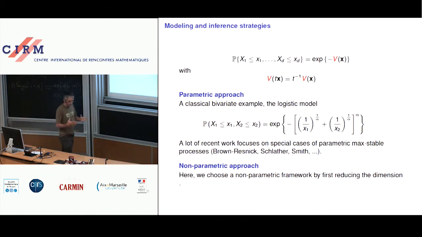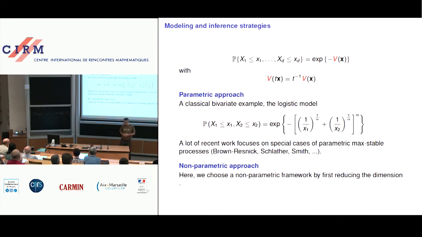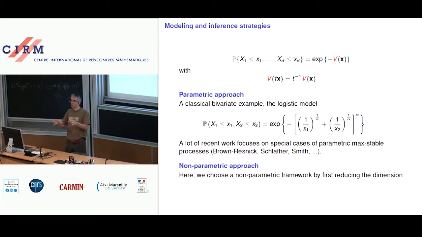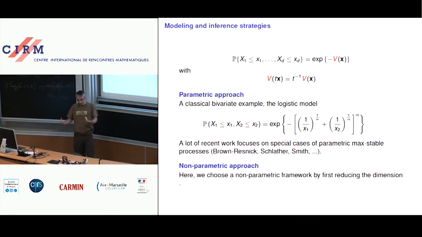Now if you move from the bivariate to the multivariate case, or infinite-dimensional processes, you have different approaches. One approach, in terms of statistics, is to impose a parametric form for the V function. If you look at work by people who work on max-stable processes, like the Brown-Resnick process, the Schlather process, the Smith process, they basically impose a dependence function and then estimate it.